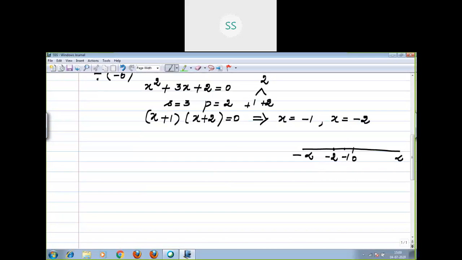So now we are going to divide the interval. How are we going to divide the interval? You see, using x you are going to divide the real line into 3 disjoint intervals.